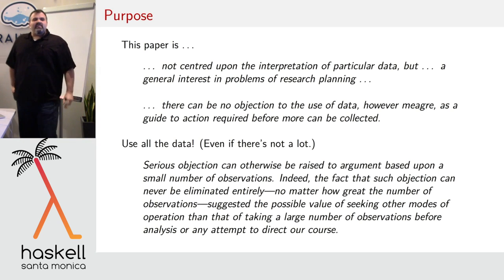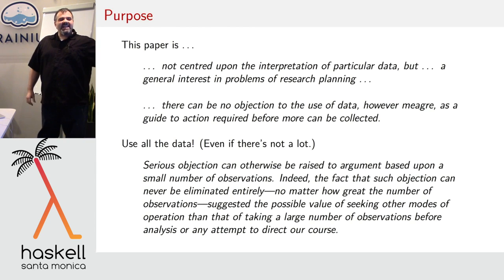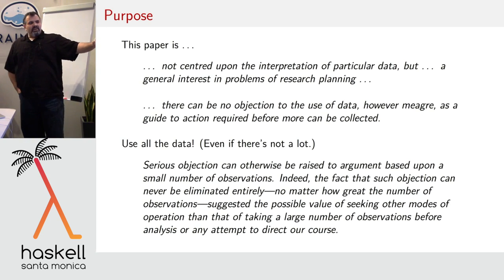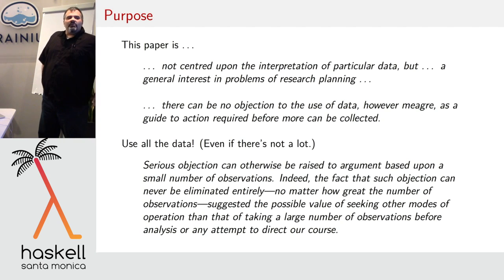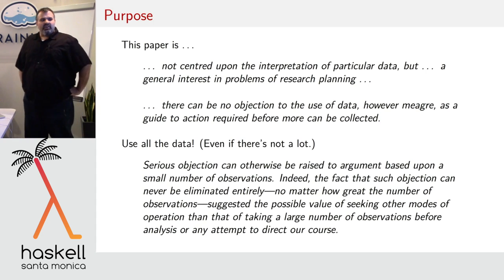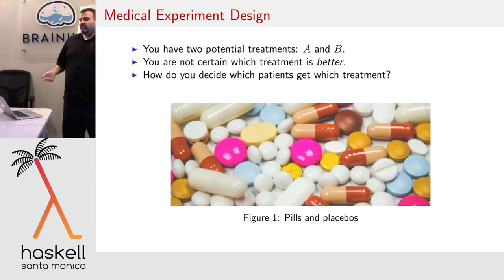But he goes on and says, indeed, the fact that such objections can never be eliminated entirely, you can never get the confidence up to 100%, no matter how great the number of observations, suggested the possible value in some observable sense.